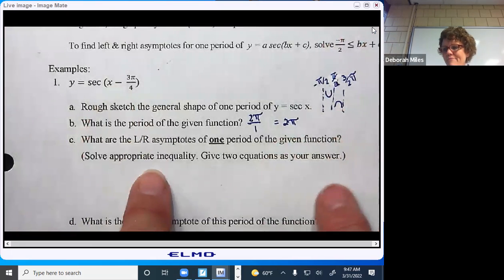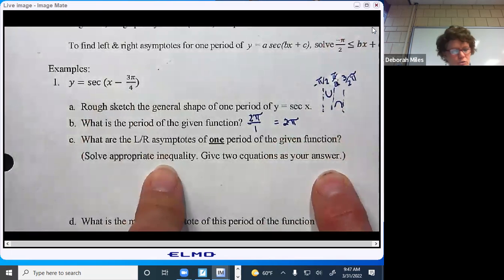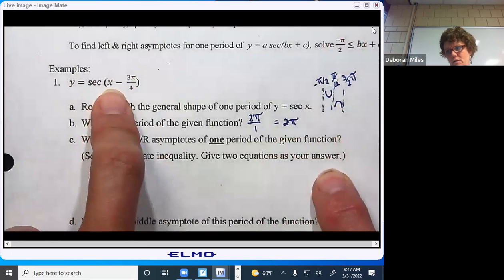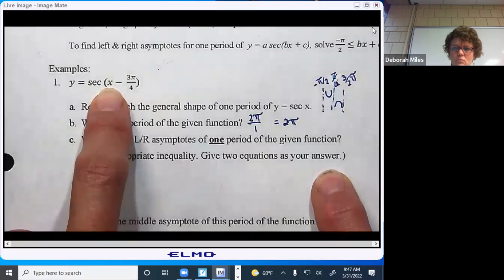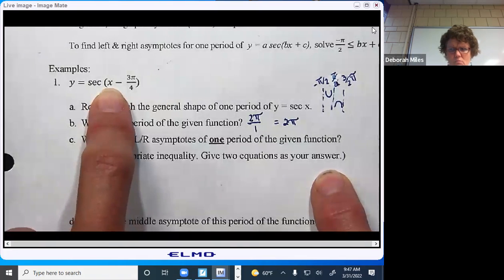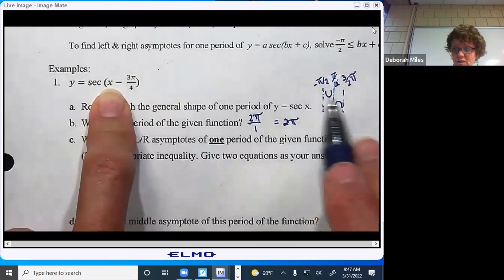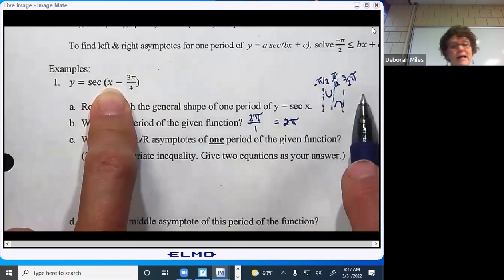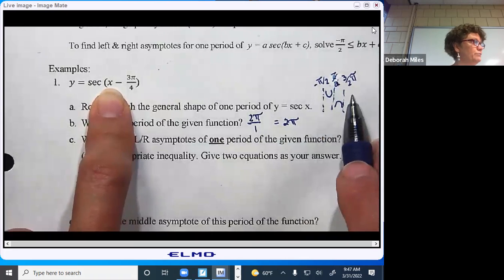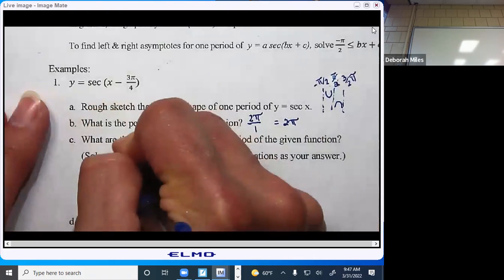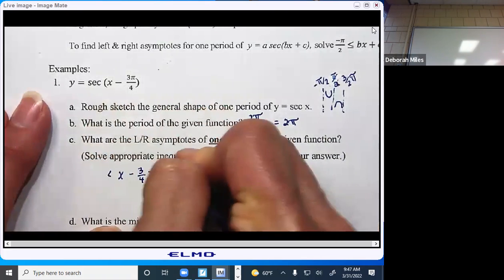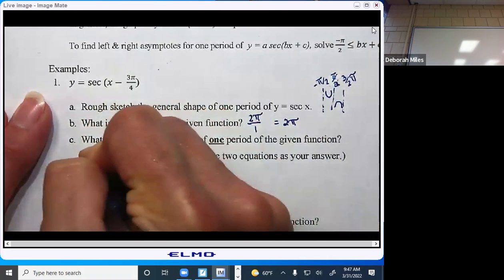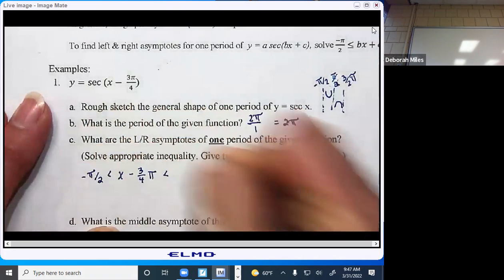All right, so how do I find the left and right asymptotes of this function? Because that's your normal left and right asymptotes if the graph hasn't been shifted. So I'm going to set that x minus 3/4 pi between negative pi over 2 and 3/2 pi.